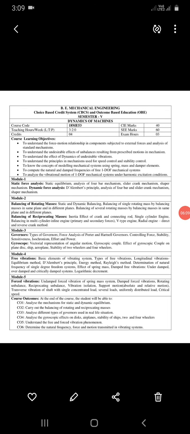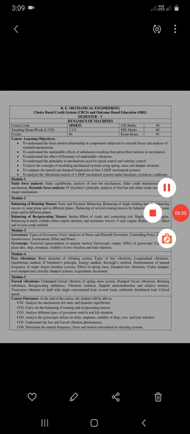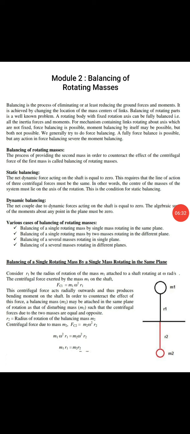So we'll start with module 2 first, that is balancing, one of the easiest modules, a very easy way to solve the balancing. So first we will take up module 2, that is balancing of rotating masses.